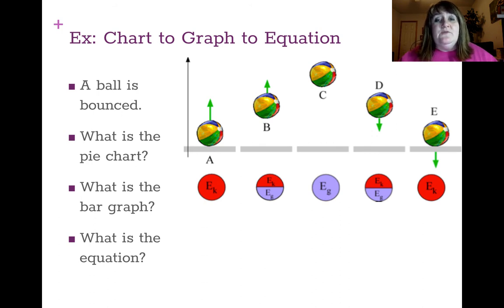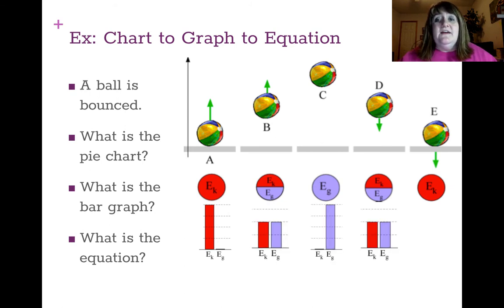The bar graph would look similar. All EK, half and half, all EG, half and half, all EK. Now the energy equation is literally writing down what kind of energy you have and where it's located. So essentially it's like reading the bar graph out loud to somebody.